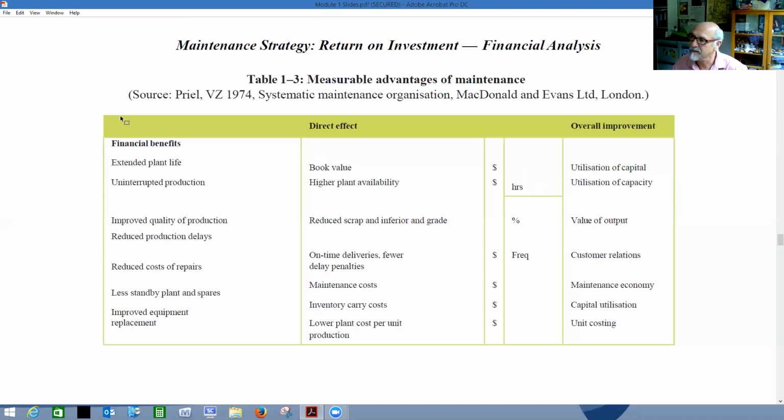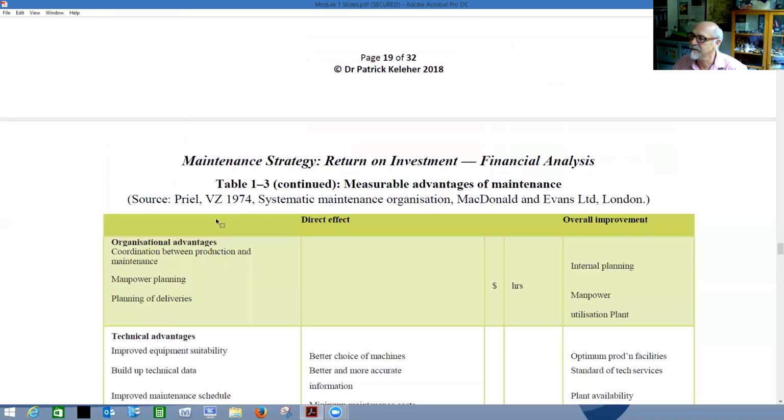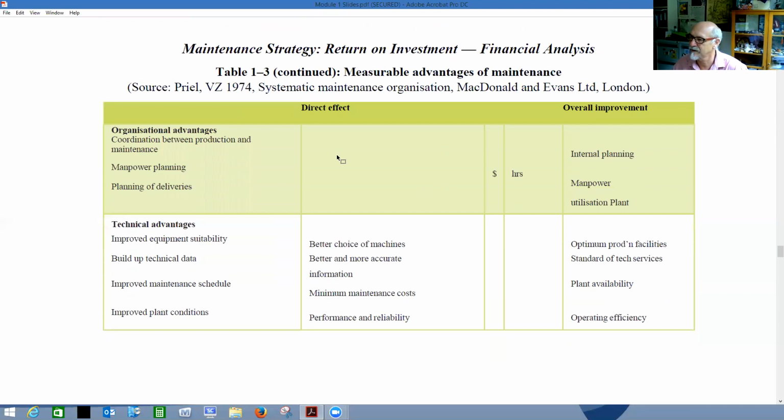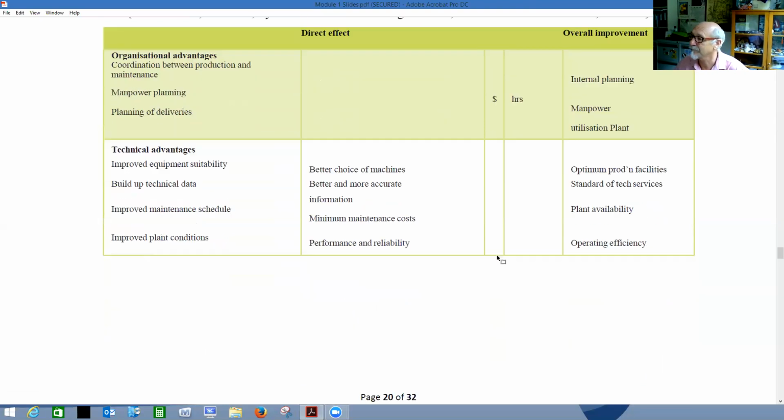So in terms of those financial benefits, those organisational advantages about planning for your workforce, or technical advantages, this is just an example. You can draw up your own tables for the advantages of maintenance, but the reality is it doesn't hurt to have some good arguments and some ways of helping you to define your KPIs and helping you to display that you are meeting your KPIs and maybe exceeding them.